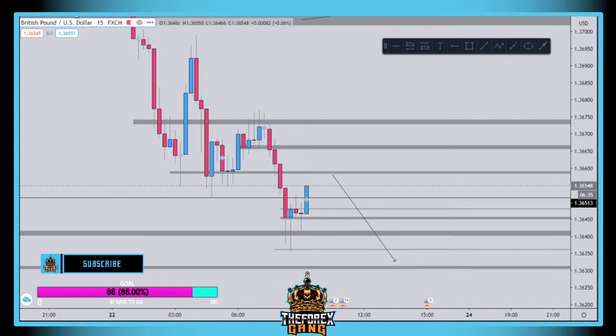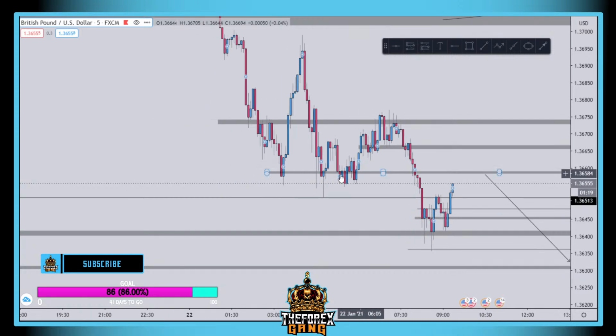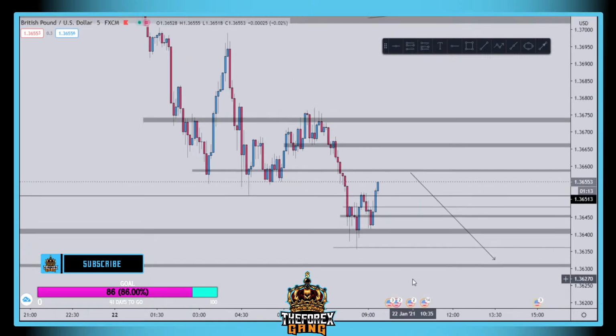But this 15-minute never gave a good confirmation. It didn't even close. And then I'm just worried about that area, 36,600. Yeah, it can tap there and come down, unless this closes above.